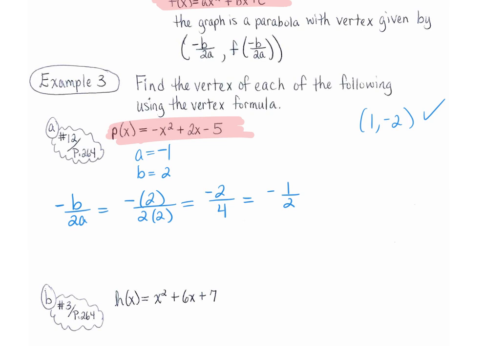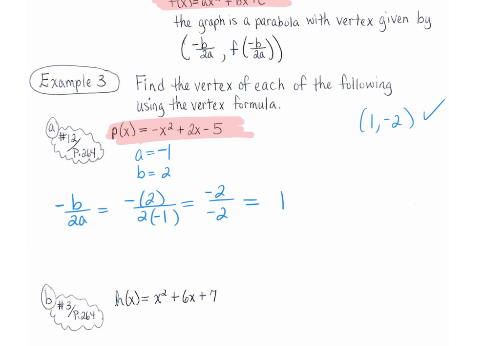I'm writing what you all are telling me. A is -1, so this should be -2 over 2 times what? -1, yes. 2 times -1, because A is -1, so we get -2 over what? -2. -2 over -2 is 1, yes? So that's our x coordinate.